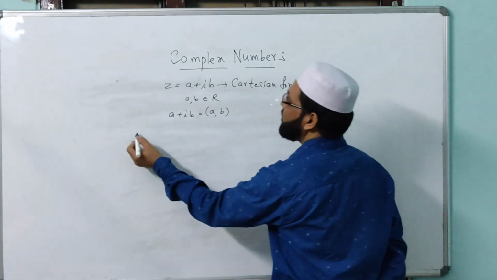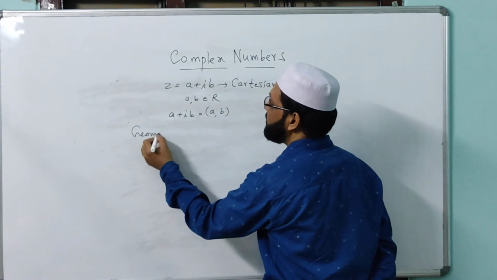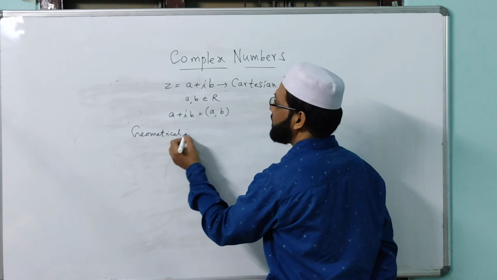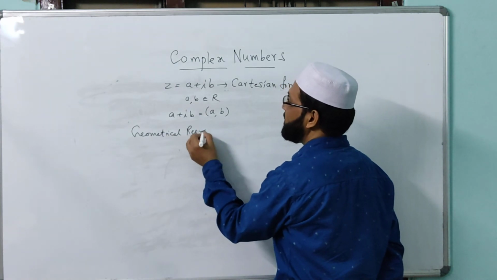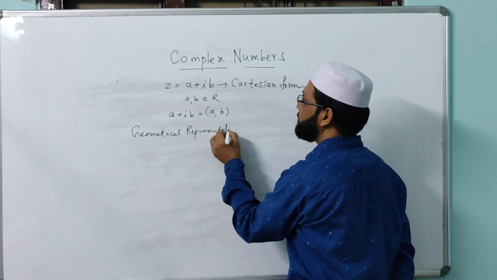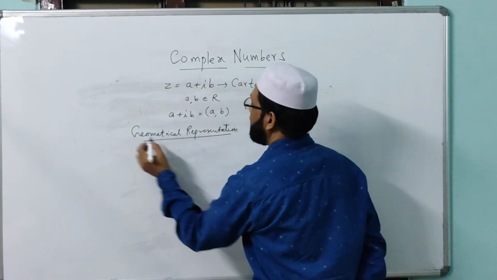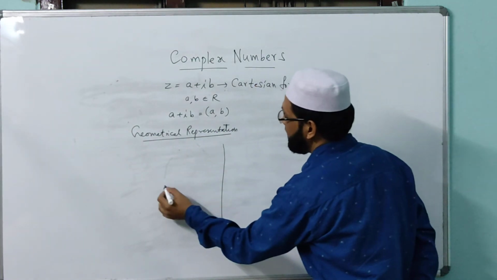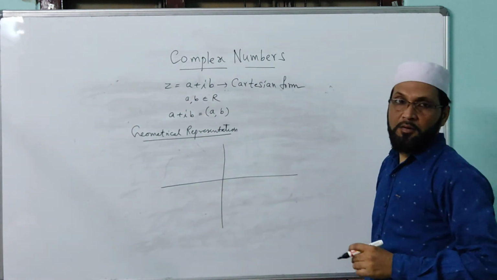So when we go for geometrical representation of these complex numbers, we consider the axes here.